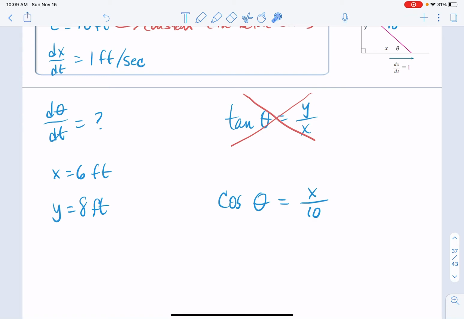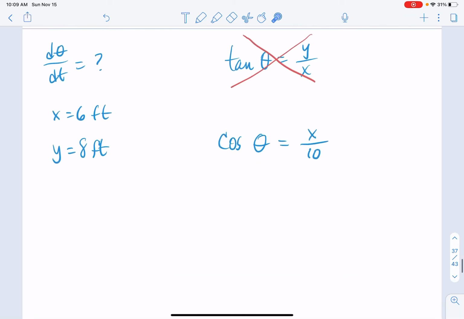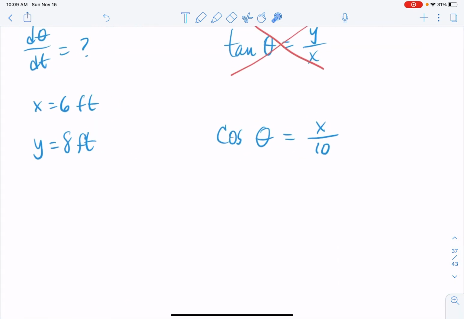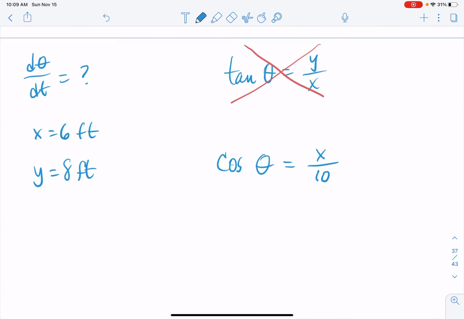You don't need to know the angle at all. And that's very common for these questions. Anyway, I think that we are ready to take the derivative. Are you ready to take the derivative? Excellent. That was me pretending like you guys collectively screamed.